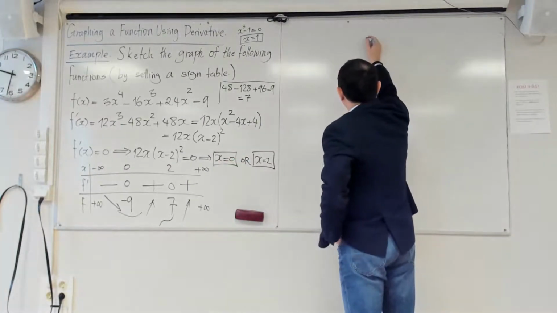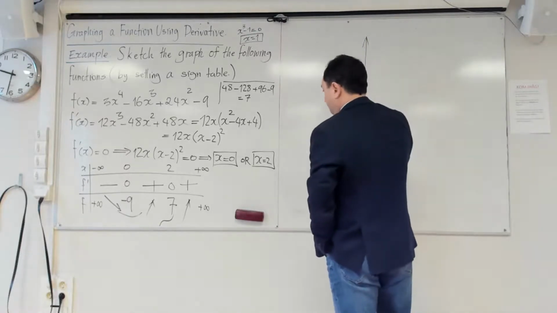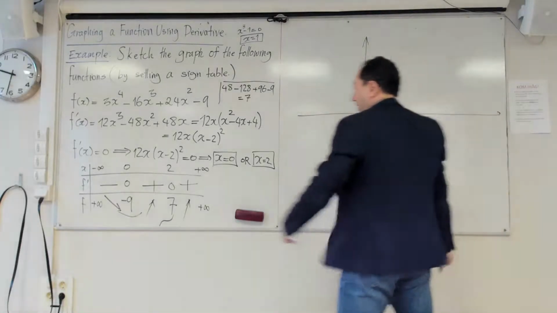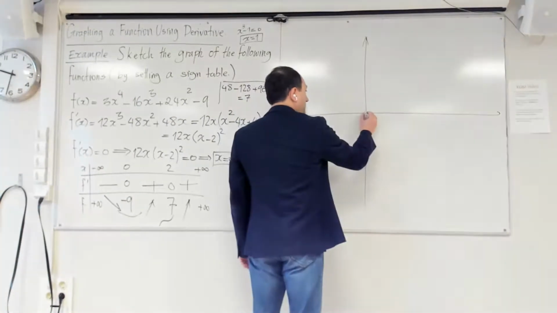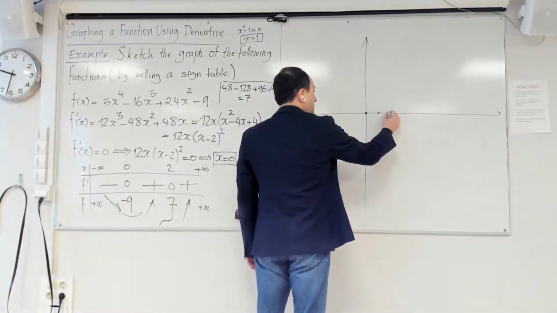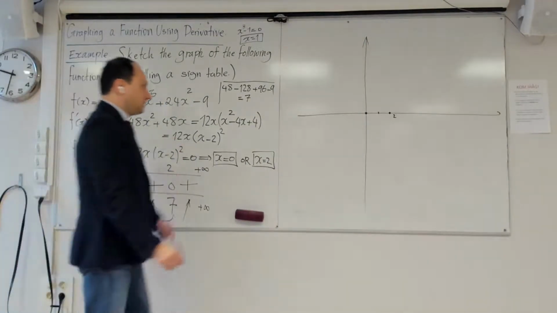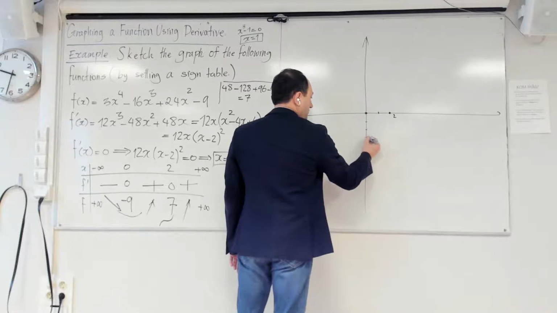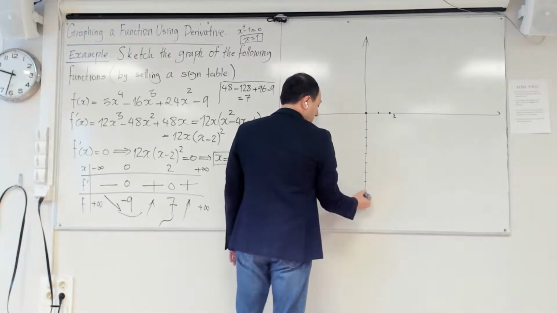Let me just use the same scale on both of them. Here I go at the points 0 and 2. So one point is here, and then 1 and 2. This is good. And then I have -9, let me choose the same scale. -1, -2, -3, -4, -5, -6, -7, -8, and -9.